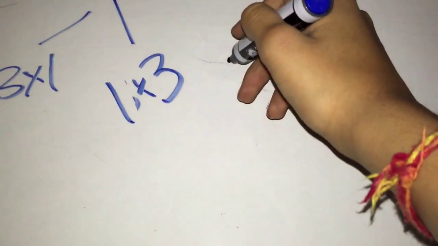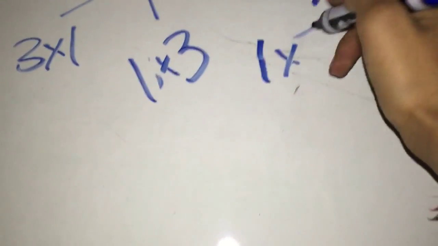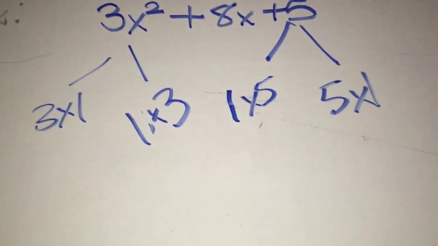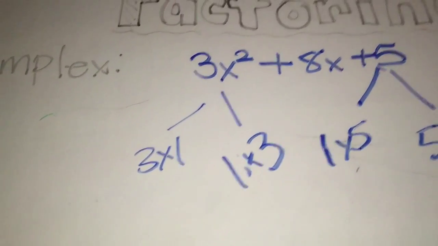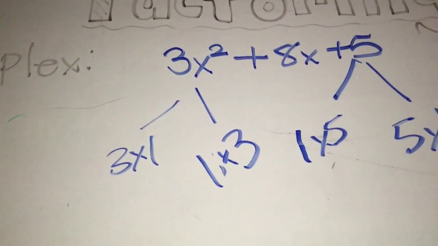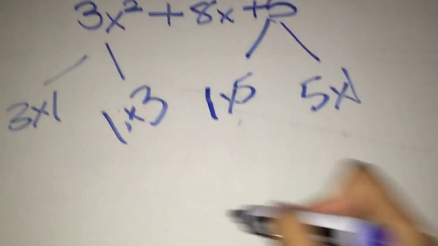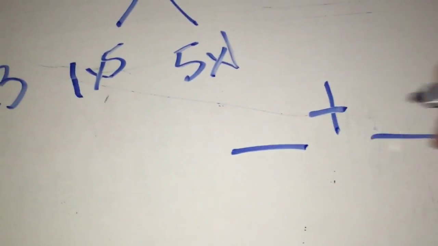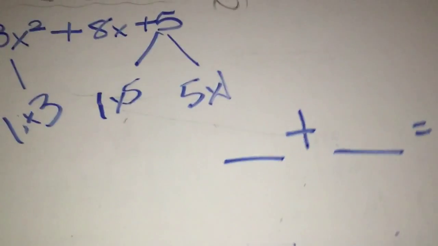So we know that 1 times 5 is 5, and 5 times 1 is 5. So in trial and error, you just try and see which option fits. You basically need two numbers added together to give you your sum, which is 8. That's all you need.